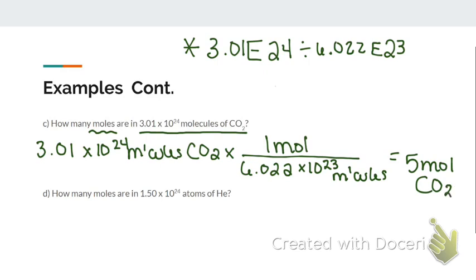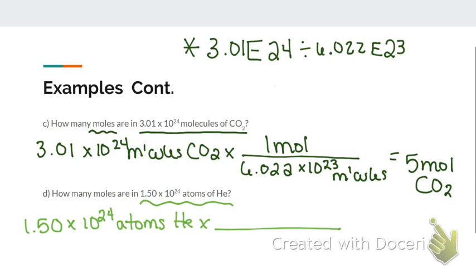Last example then. We have 1.50 times 10 to the 24th atoms of helium. So we're back to working with an element, which means we're now counting as atoms versus molecules. It wants to know moles. So when I go to set this up, I need my atoms to cancel.